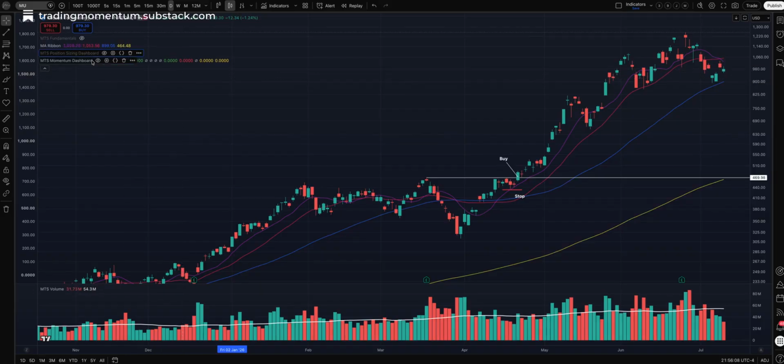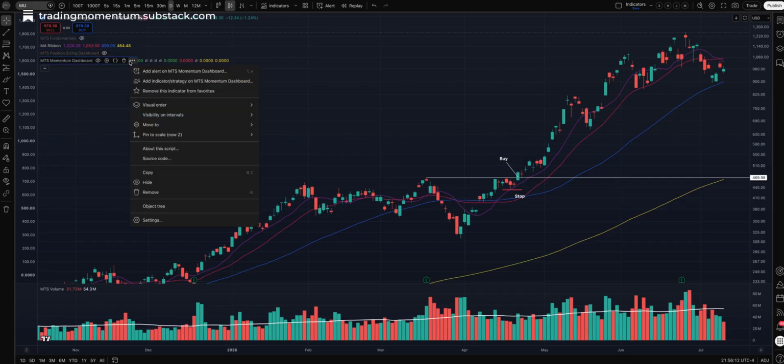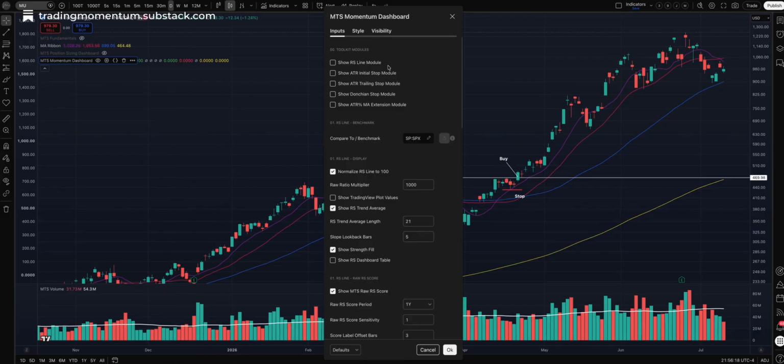Next is diving into this MTS momentum dashboard. You can use the ATR MA extension module. It's basically telling you, as you're running up, when you're getting extended from the blue line, the 50-day, and it's using the average true range percentage, okay?